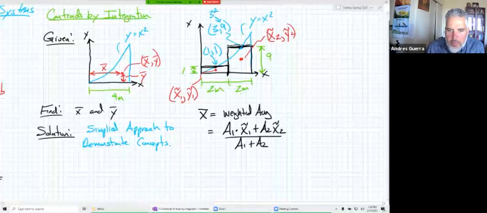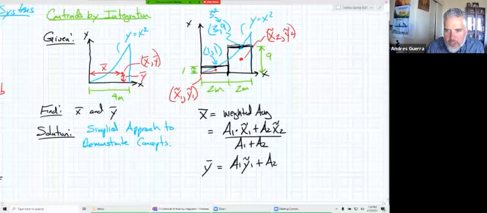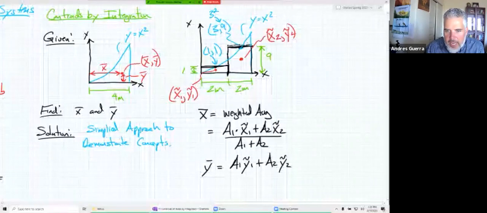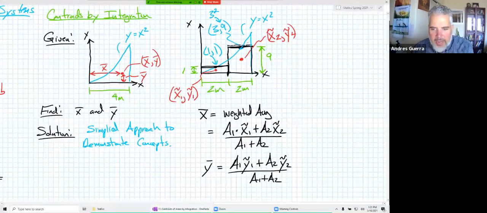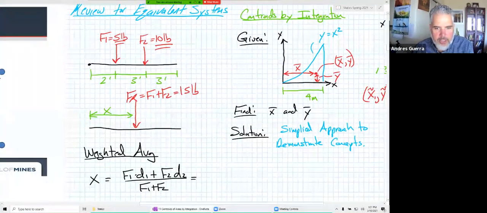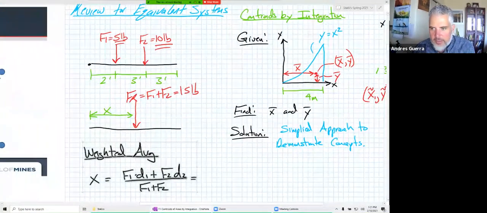Then y bar would be equal to A1 times y tilde 1 plus A2 times y tilde 2, divided by A1 plus A2.